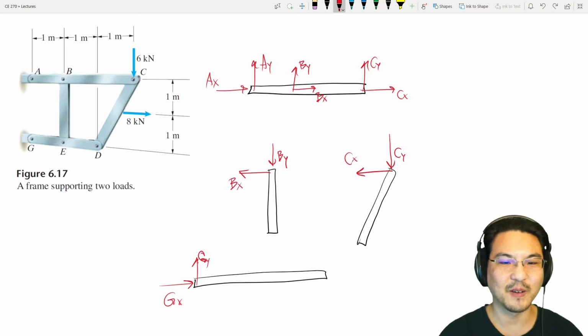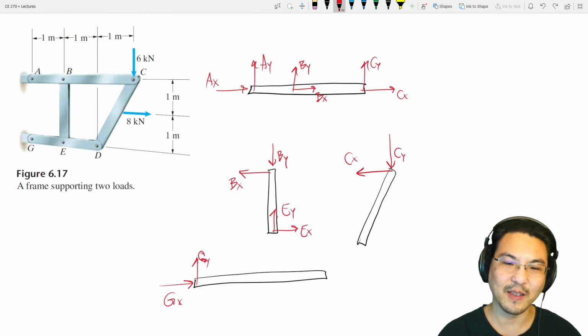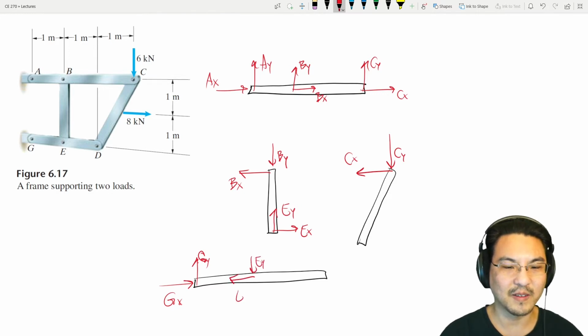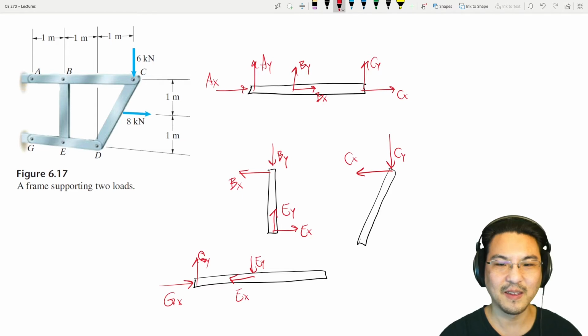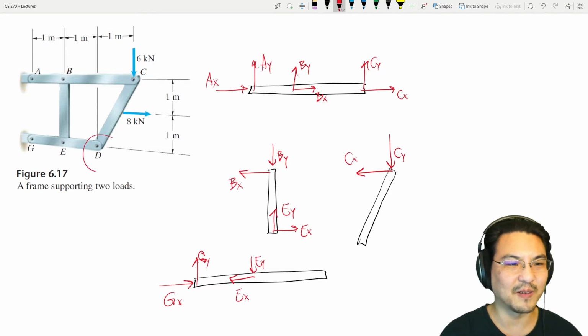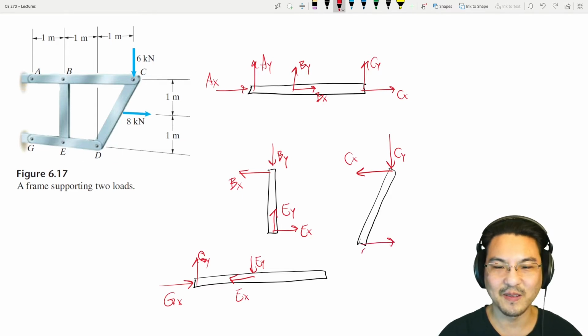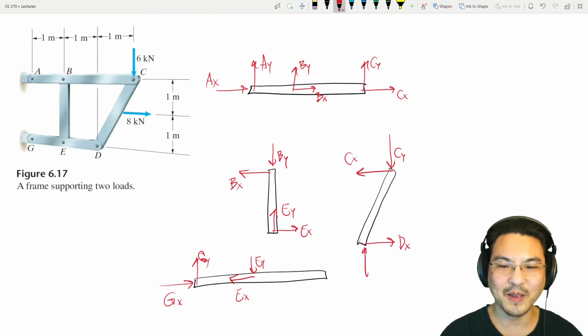If I draw a reaction, let's say like this at E, then where this connects here, I have to draw it equal and opposite this way, right? Because it's an action-reaction pair. And then let's see where else, over here, D. So if I draw this X and Y, then over here where it connects, I have to draw that equal and opposite. Oh, wrong, this way. Okay.